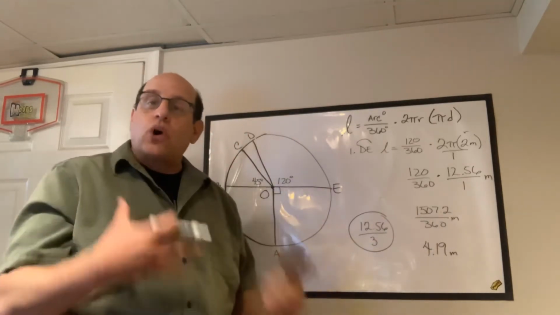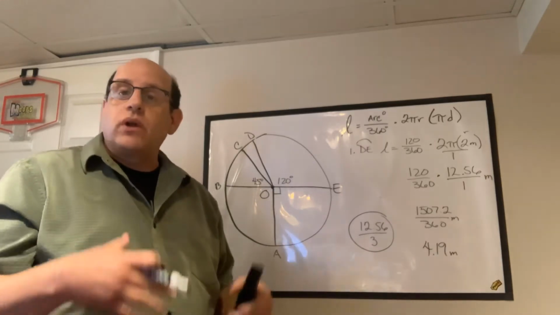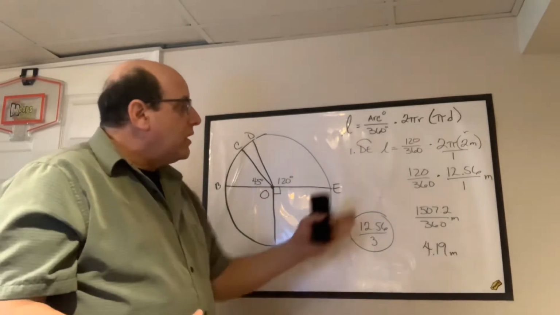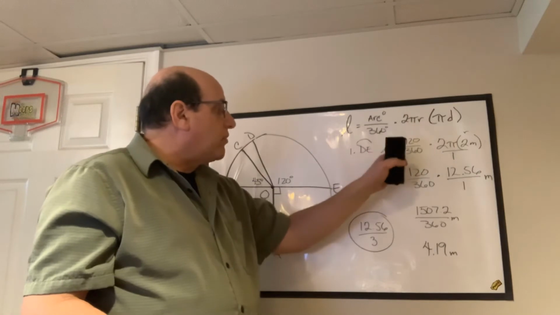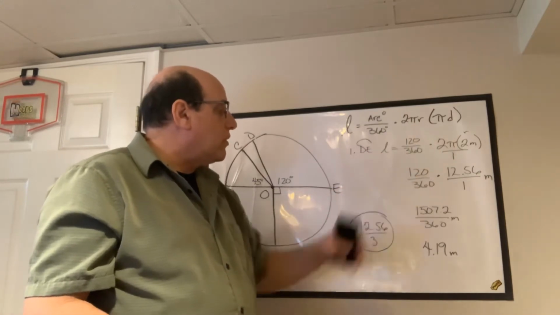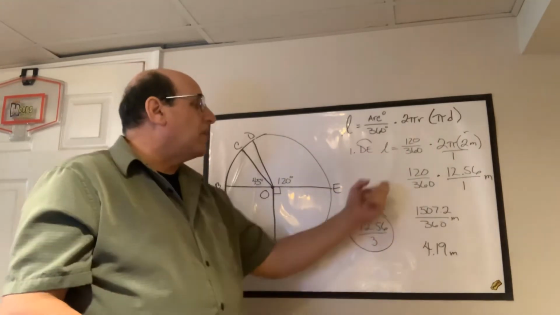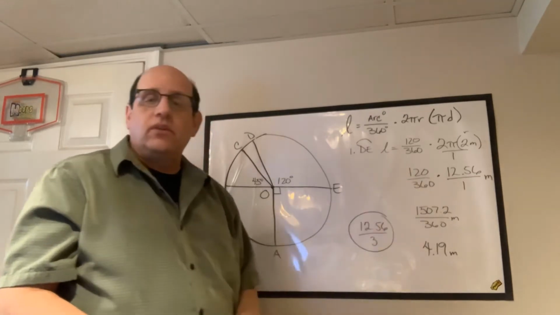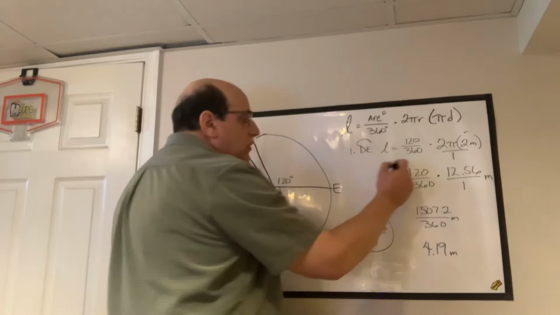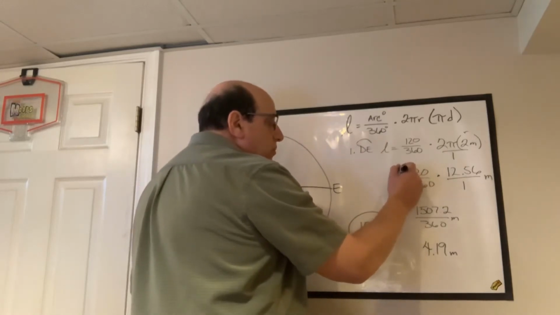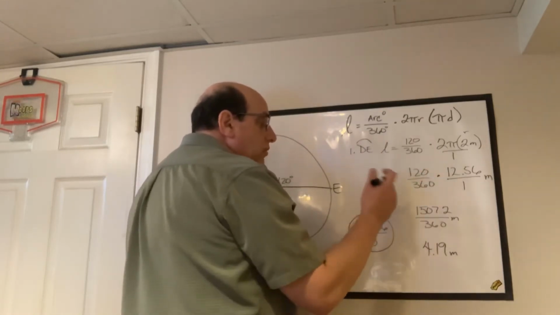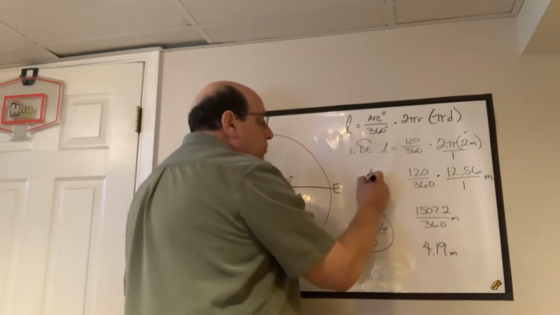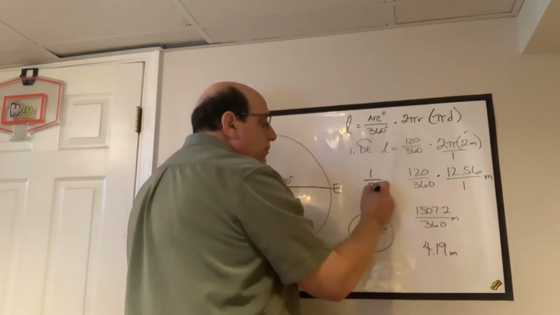Now, if you don't like big numbers like that, if you want to use smaller numbers, let's see if we can simplify this ratio here of 120 to 360. Well, yes, 120 times 3 gives you 360, so I can reduce this. I can divide both the numerator and denominator by 120, and I come out with a ratio of 1 to 3.